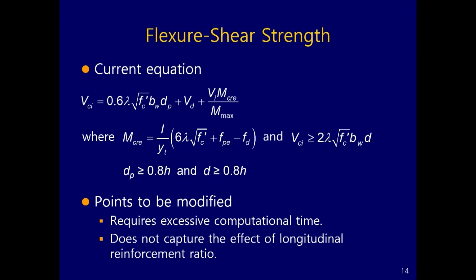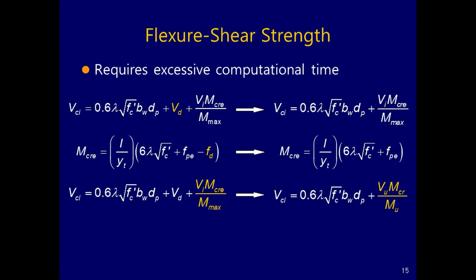Both should be at least 80% of total depth. Here you have many terms that require excessive computational time. And unlike the new reinforced concrete shear strength equation, it does not capture the effect of longitudinal reinforcement ratio. So that proposal is like this.